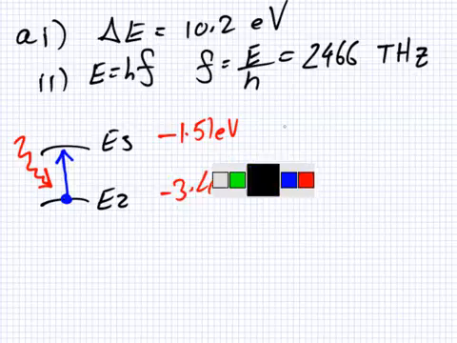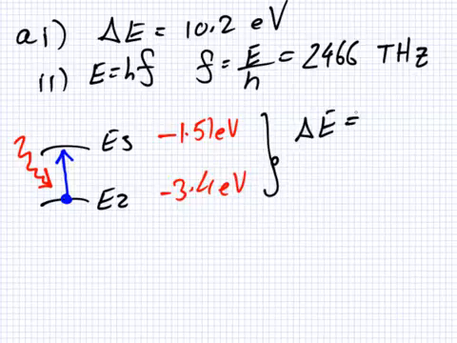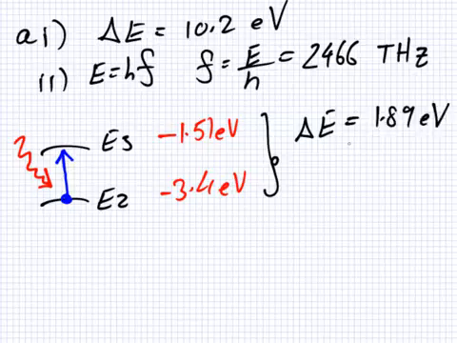So what do we do here? Well, again, we should work out how much energy was required. So that's 3.4 minus 1.51. Oh, you have it already? 1.89? Yeah. And again, our formula f equals E over h.